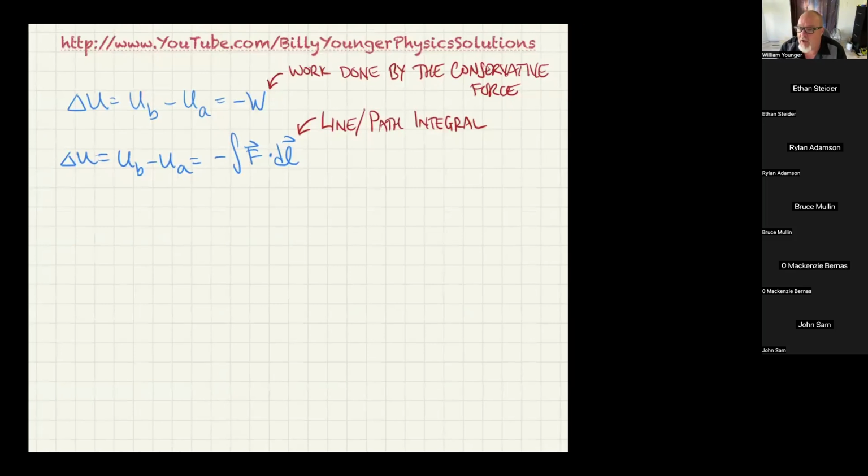Just like when I covered a surface integral, remember the main thing I told you was that the integral of E dot dA was a surface integral, and I had to make sure I evaluated E and the dA on the surface.